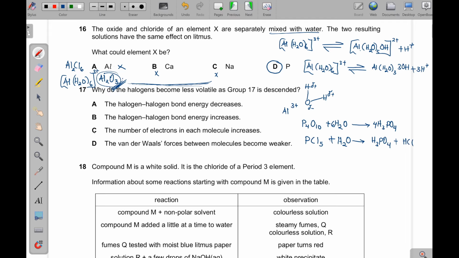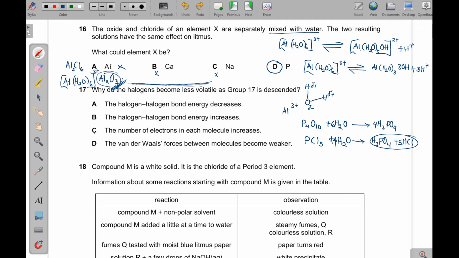These are white fumes, the steamy fumes that come off. And then chlorine, there are 5 here, so I'll put a 5 here. What else do we have? Hydrogens are 5 here, plus the 3, there will be 8, not so? Coming this side to make 8, I will put a 4 here. And then oxygen is 4, and then 4 here. So that one is balanced that way.